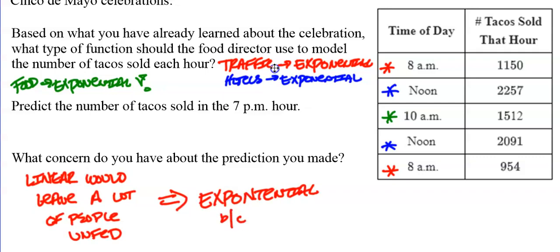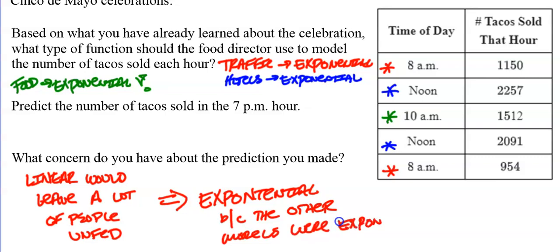Because the other growths were exponential. The other models that we used were exponential. So that would be the big concern: if you chose to look at this, you could have gone linear with a line of best fit, but it's actually a curve of best fit.